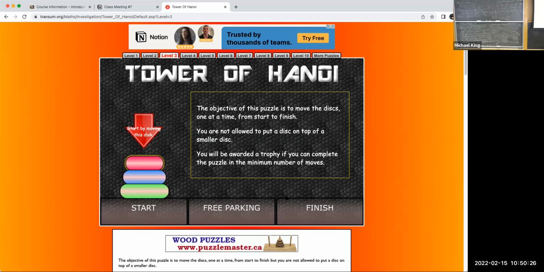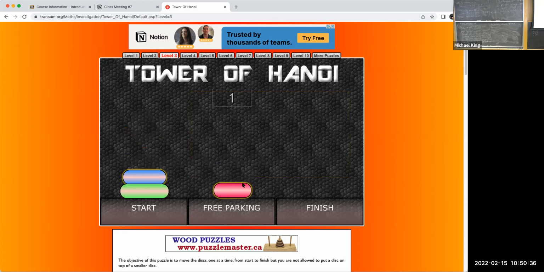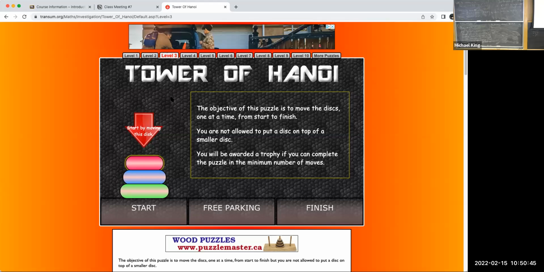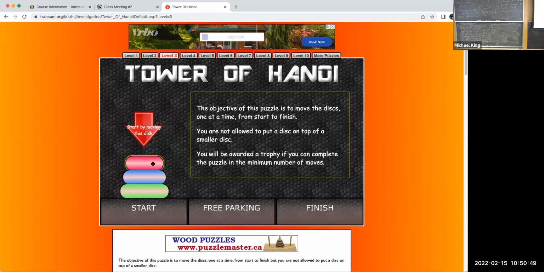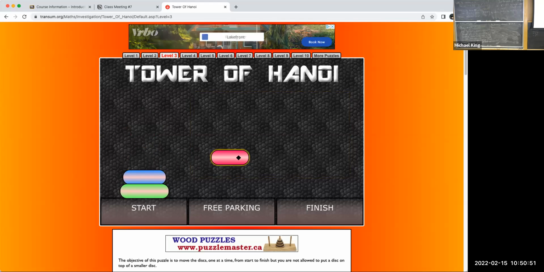How do I start? I want to end up with the 3 disks here, but I can use this too. A lot of times it shows 3 pegs that you can put the disks on. There are actually physical versions of this game too. So I can move here, or I can move there. That was inefficient. I want to end up with these 3 disks here. Where should I put this one?